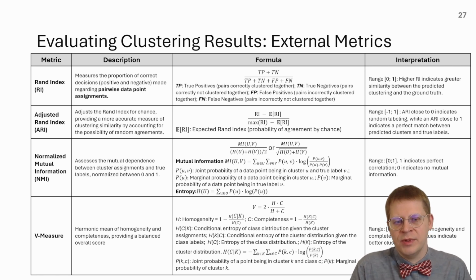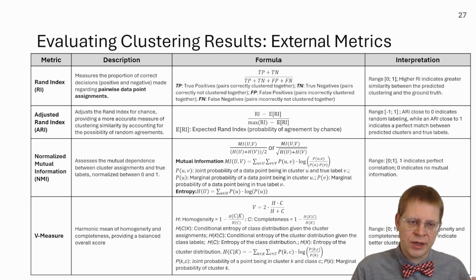So what about the metrics? The Rand index measures the proportion of correct pairwise decisions, meaning how often pairs of points are correctly grouped together or correctly kept apart.